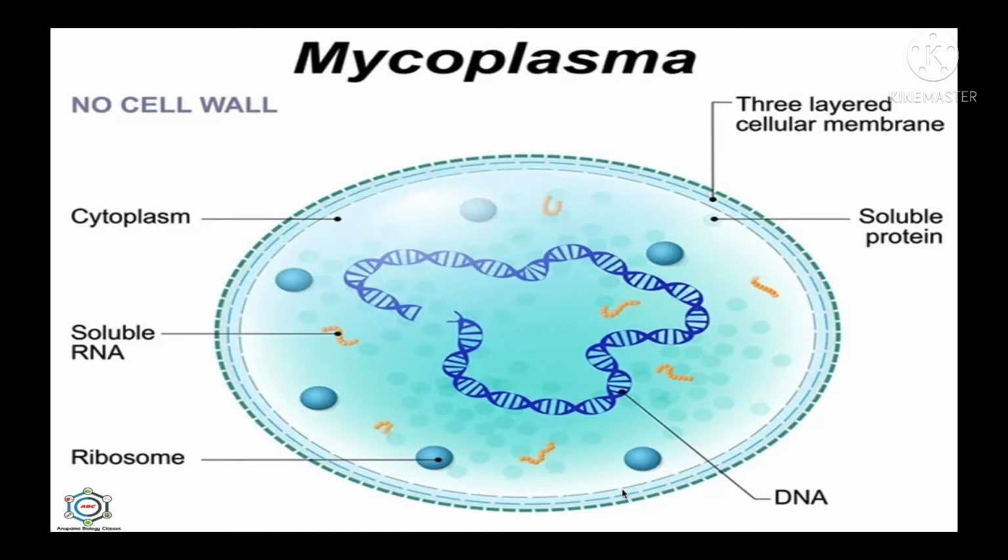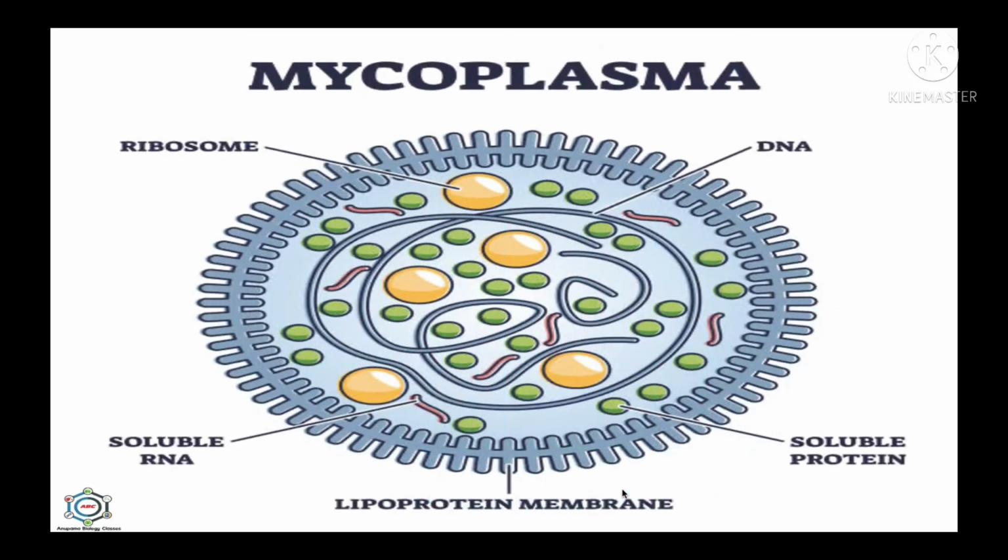Pathogenic mycoplasma causes disease. Mycoplasma are unicellular, non-motile, gram-negative bacteria, that means prokaryotes, which lack a distinct cell wall and do not produce spores. So, before this, actinomycetes are gram-positive and these mycoplasmas are gram-negative.